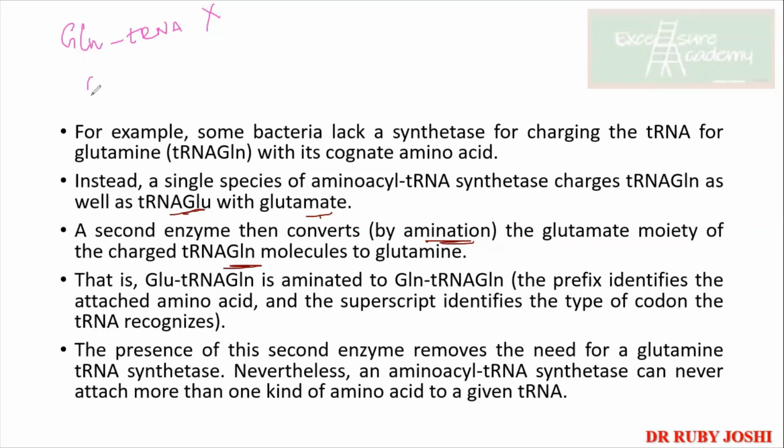What they do is they have the glutamate tRNA synthetase, so they charge the tRNA-Gln also with glutamate. Then another enzyme comes and converts this glutamate to glutamine. So overall we have only a single aminoacyl-tRNA synthetase, but an additional enzyme is coming which converts glutamate to glutamine. Is it clear now?